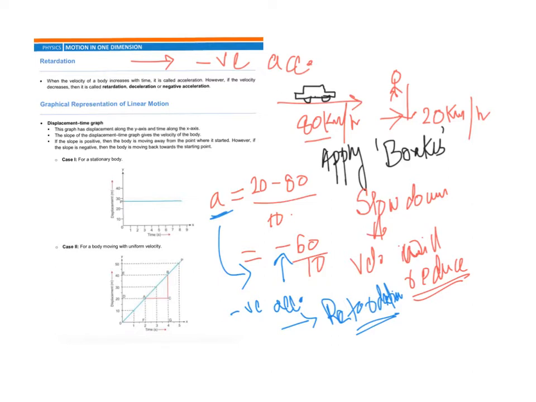Okay. There will be some questions where they ask, what is the distance traveled? In that kind of problem, displacement and distance are the same thing, which means the body is not changing direction. That's why they are asking for the distance traveled.